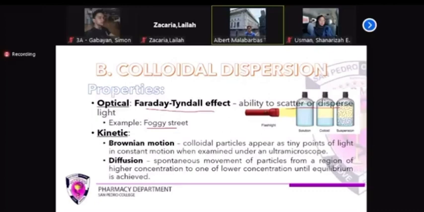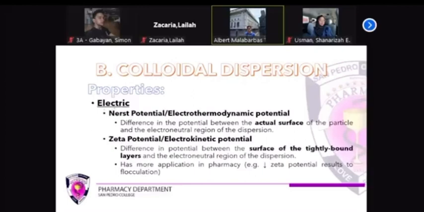For kinetic, we have your Brownian motion. Brownian motion refers to the constant motion of your colloids. Okay, and then for electric property, we have the Nernst potential, aka electrothermodynamic, but an important property would be your zeta or electrokinetic potential.